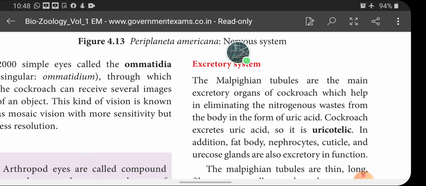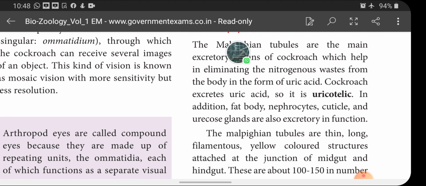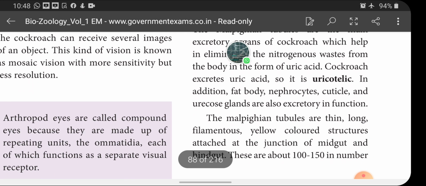When we speak about the excretory system, you know very well, the system which is used to excrete nitrogenous waste from the body is called excretory system. So Malpighian tubules are the main excretory organs of cockroach, which help in eliminating nitrogenous waste from the body in the form of uric acid. Hence it is called uricotelic. What is uricotelic?